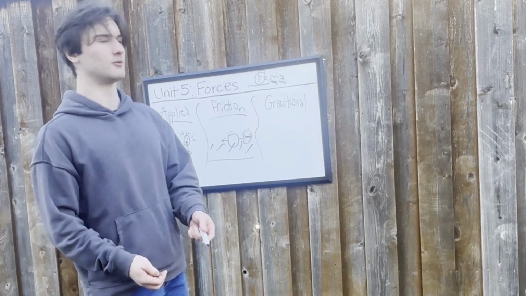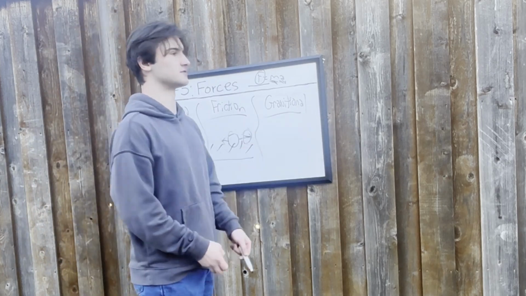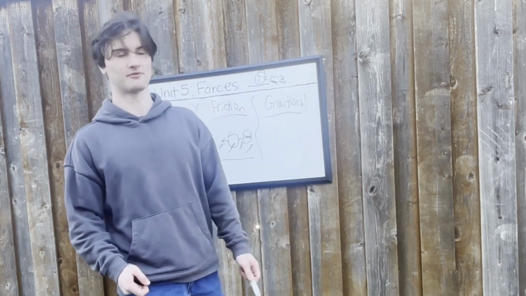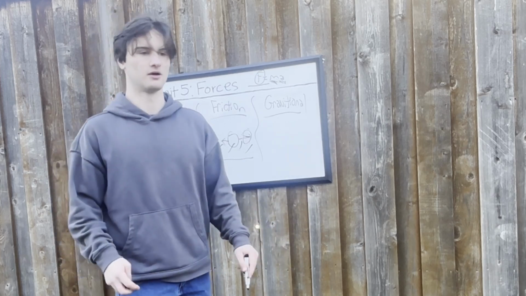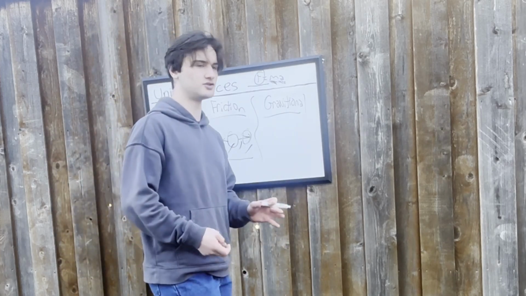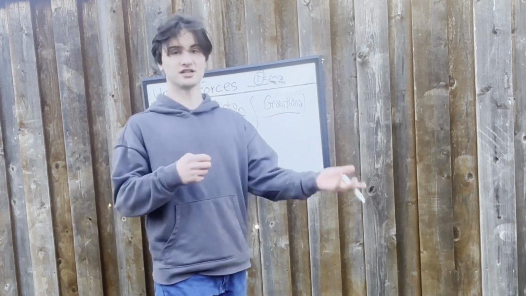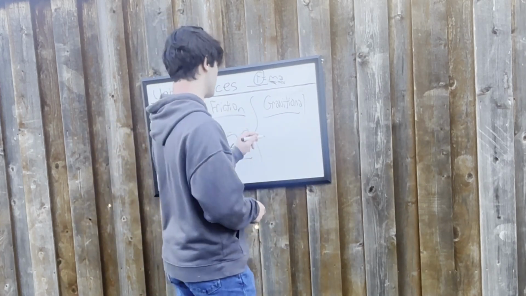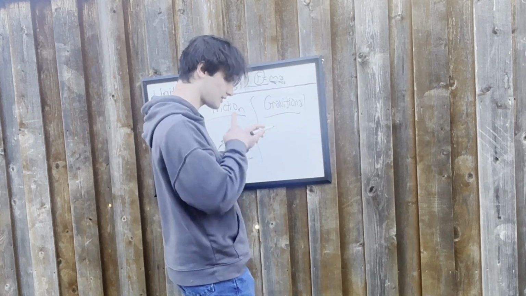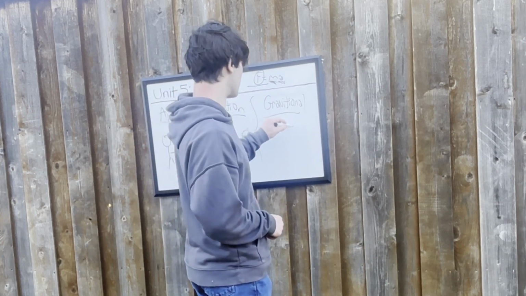Finally, we have gravitational forces, which you learned about a little bit from Patton in the last video. One important thing that I want to add that wasn't covered in the last video was that of the normal force.